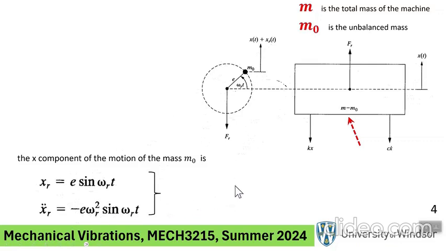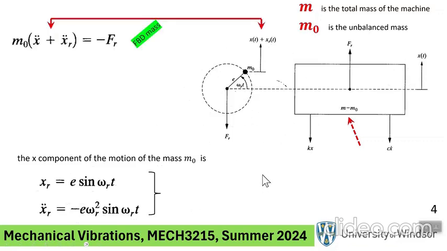Okay, now we're going to draw the free body diagram of the isolated rotating component and the big box, which is the machine minus the isolated or the rotating component. So let's start with the free body diagram of the rotating mass.